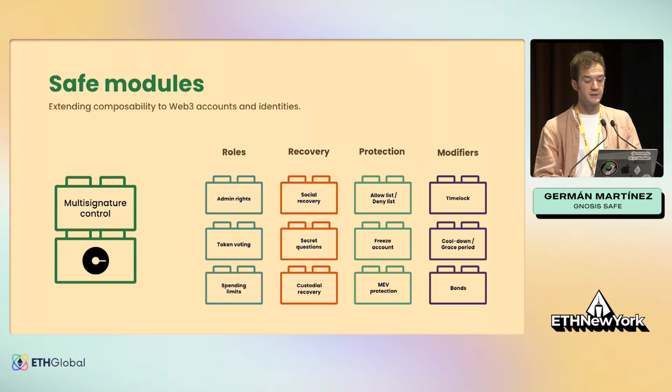Regarding recovery, for example, we could implement a social recovery mechanism where we define some accounts that belong to our friends or family, and together they could execute a transaction via that module and replace the original signers of the safe if the private keys were lost. These are just examples, you see. We could also implement secret questions.